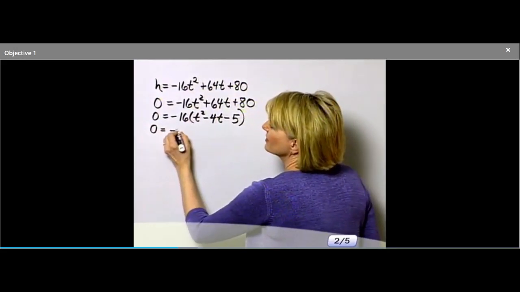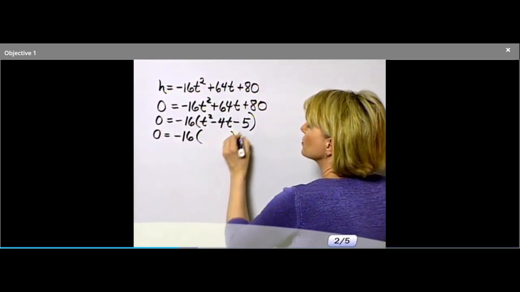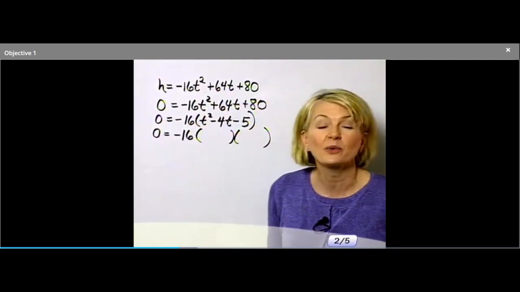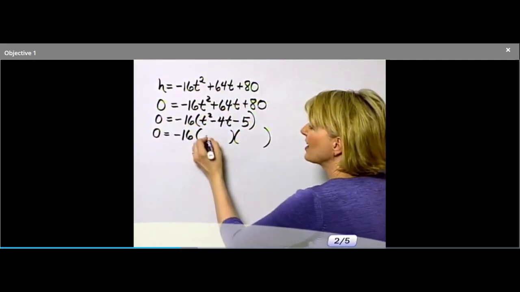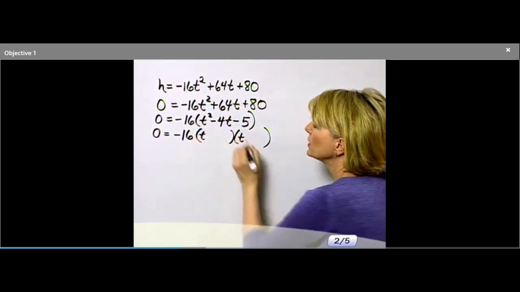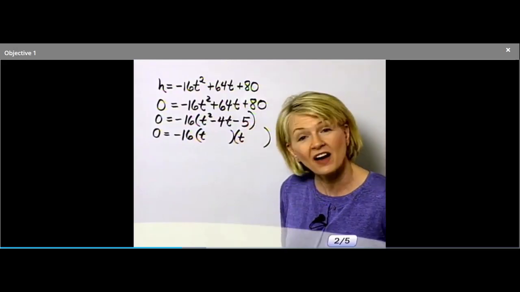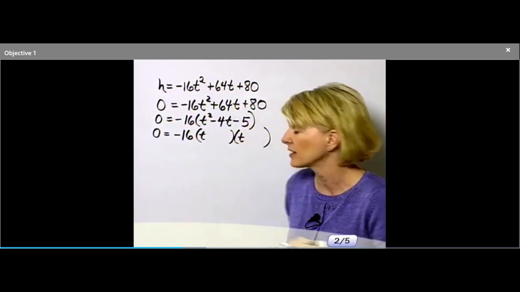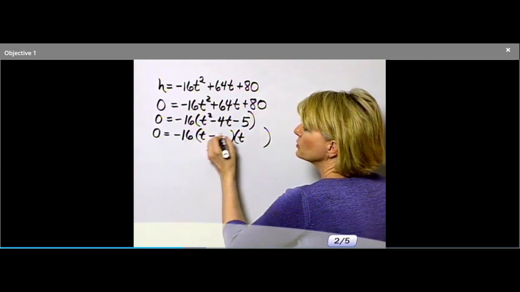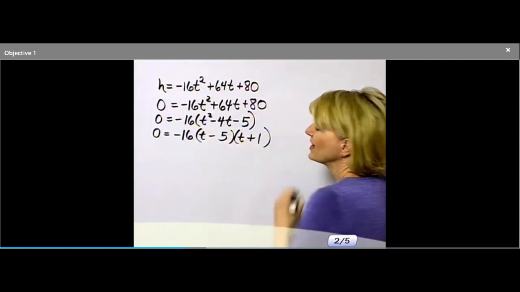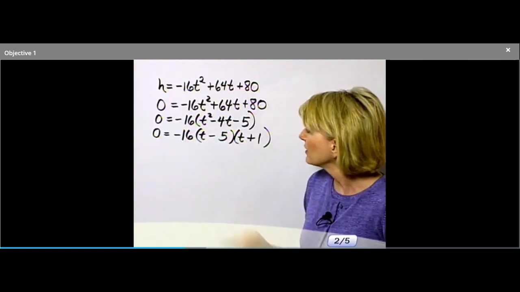And then if you concentrate on the trinomial, t squared minus 4t minus 5, I'm looking for two numbers whose product is negative 5 and whose sum is negative 4. So those two numbers are negative 5 and a positive 1.